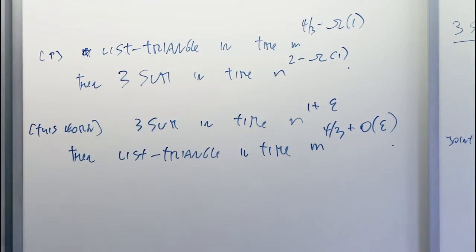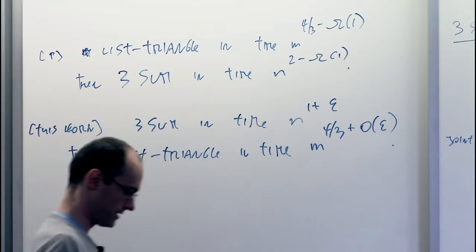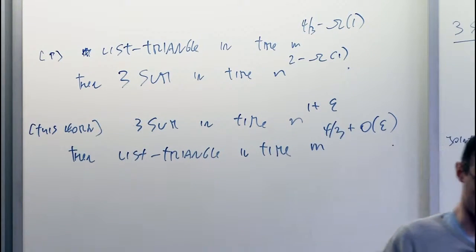So this result does not give anything if 3-sum is just barely below quadratic time. You need a substantial improvement to get anything.